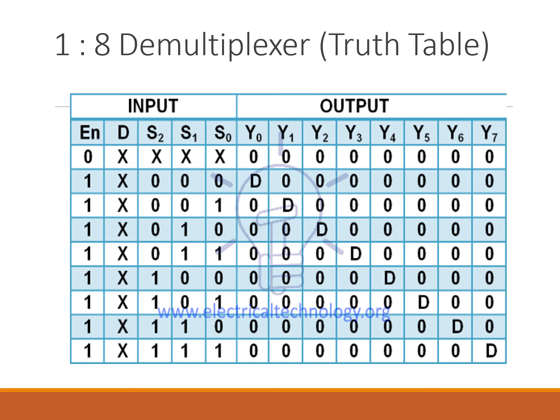Whereas when enable is 1 and since we have 3 select lines, obviously you know the combinations move from 0,0,0 to 1,1,1. So if enable is high and the data input is either 0 or 1, depending upon the select lines, we have Y0, Y1, Y2, Y3, Y4, Y5, Y6 and Y7 enabled as such to get the output.